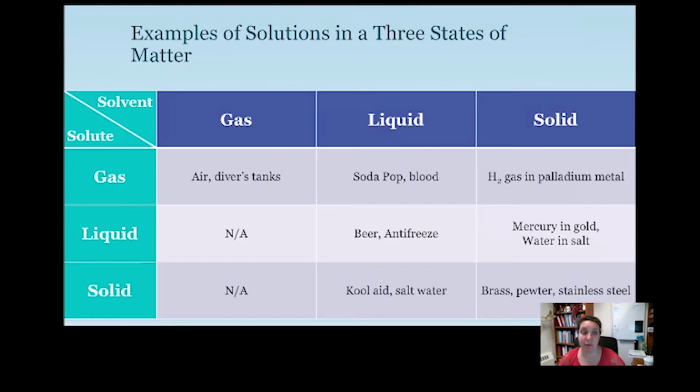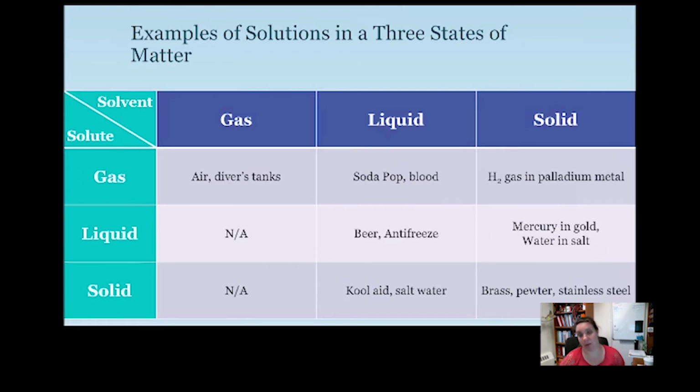We can also have a liquid solute with a gas solvent, such as Coca-Cola, where we have carbon dioxide dissolved in water and other things, or oxygen dissolved in blood. Solid solvent, gas solute: H2 gas and palladium metal. That's common in hydrogenation reactions, such as when we're making tasty, delicious peanut butter.